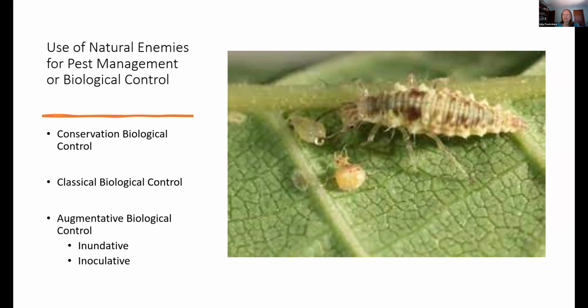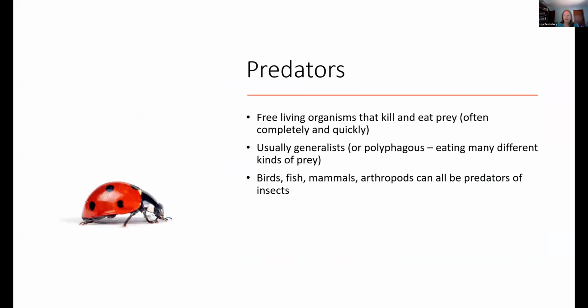So a good example of that is in greenhouses, we do augmentative biological control, something like this lacewing or predatory mites. And then even in farms, I think I have a picture coming up, Mexican bean beetle. It can be controlled with a parasitic wasp, and it has to be done every summer because that parasitic wasp doesn't overwinter, at least in our area.